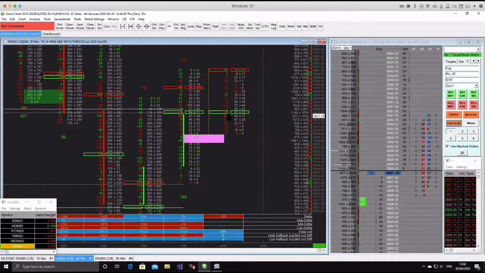I'm using my regular favored 2-column footprint, where I've got bid-ask in column 2, and I've got delta, horizontal delta, 31 minus 0 is 31, 26 minus 8 is 18, 8 minus 46 is negative 38, etc. in the left-hand column.